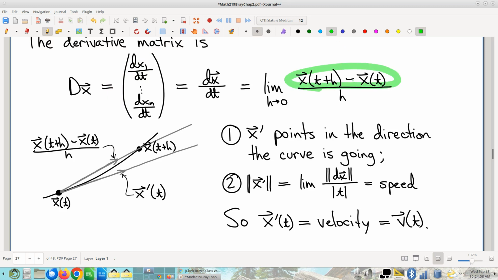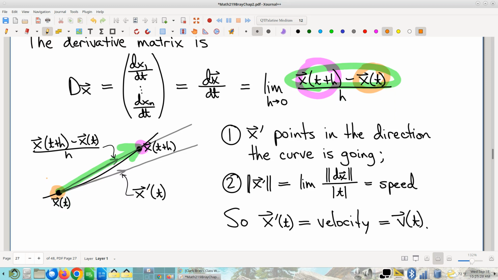Let's look at this difference, x of t plus h minus x of t. Each one of these is a point on our parametric curve. And when you do the subtraction of x of t plus h minus, color choices, x of t, right, purple minus orange, you get, it's not quite a tangent vector, but you get a secant vector, right?